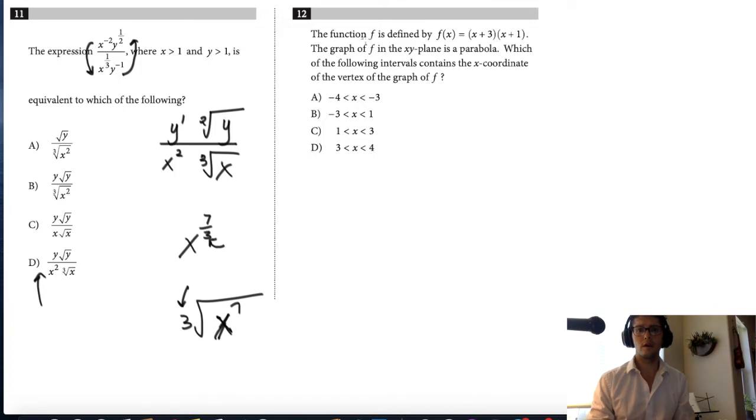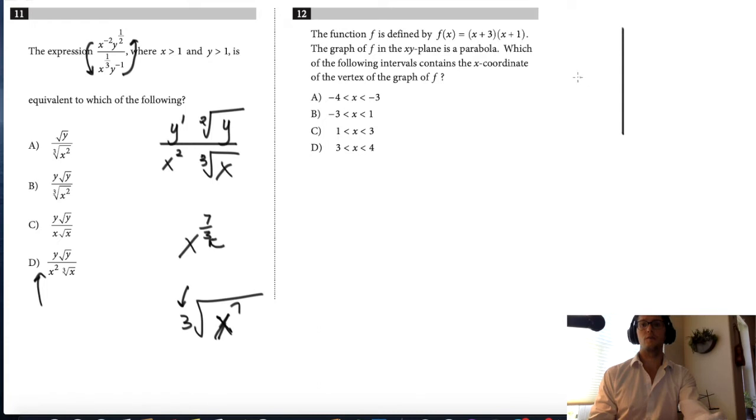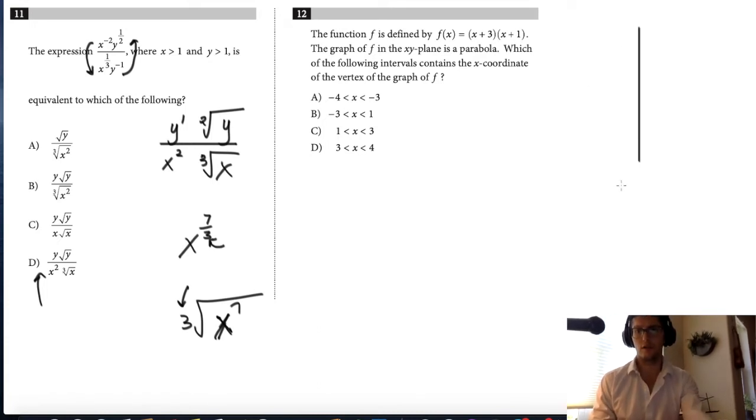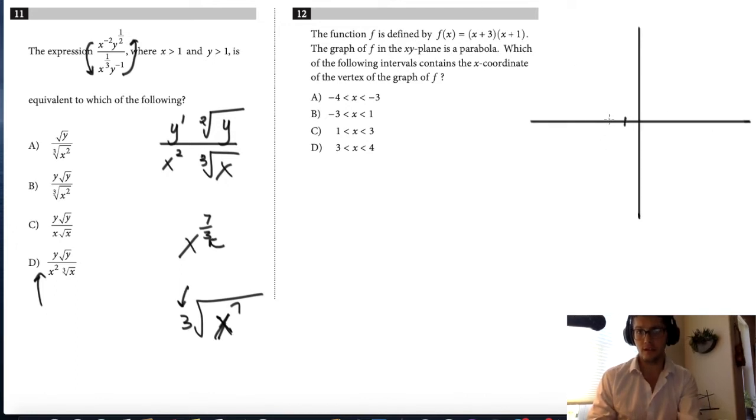All right, number 12. Which of the following intervals contains the x-coordinate of the vertex of the graph? Okay, so knowing something important about parabolas here. If you have a parabola and you have these two roots, I'll try to draw it a little bit bigger here. X plus 3, so that means negative 3, and x plus 1 means negative 1.